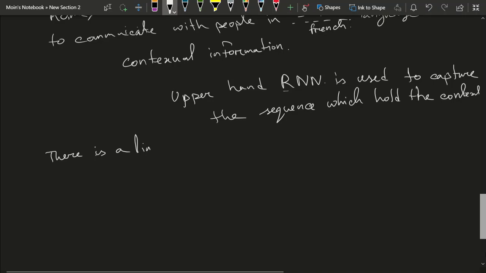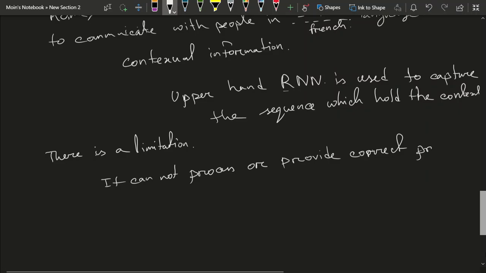It cannot process or provide correct prediction if the sequence becomes too long.